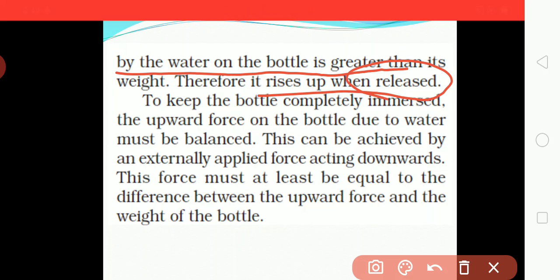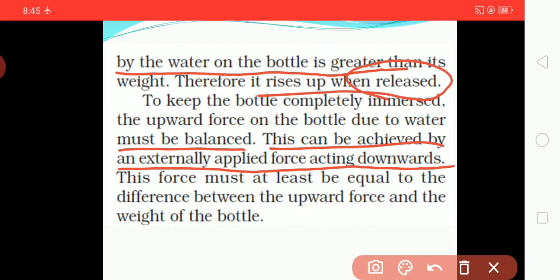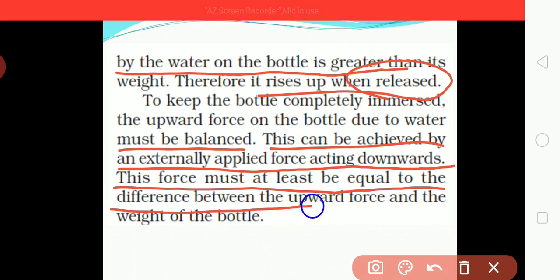To keep the bottle completely immersed, the upward force on the bottle due to water must be balanced. This can be achieved by an externally applied force acting downward. This force must be at least equal to the difference between the upward force and the weight of the bottle.